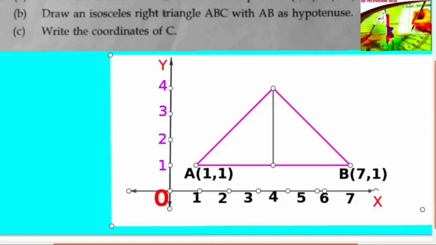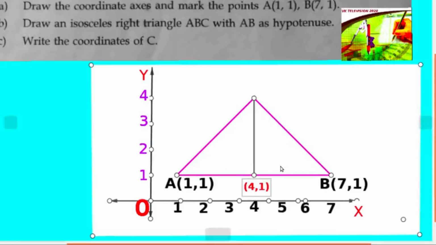Then we find the midpoint of these two points. 1 plus 7 is 8 by 2 is 4, and 1 plus 1 by 2 is 1, that is 4, 1. This point is 4, 1.